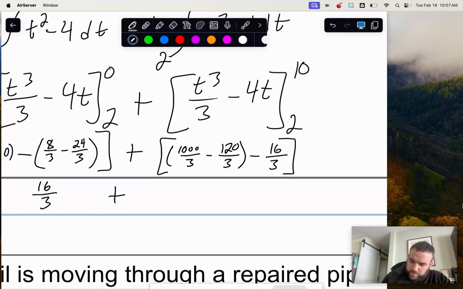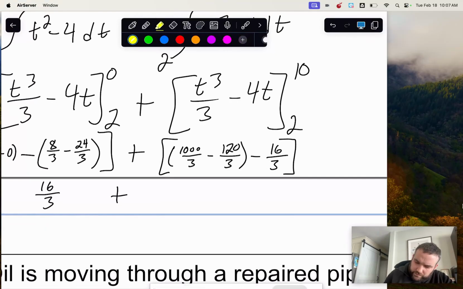Oh, okay. So we've got to be a little careful. They shouldn't cancel out. And the reason they shouldn't is if you look at that integral value, 8 thirds minus 24 thirds, that should be negative 16 thirds. And I did not call this negative 16 thirds, but I should have. So what ends up happening here is I have negative 16 thirds when I plug in 2.